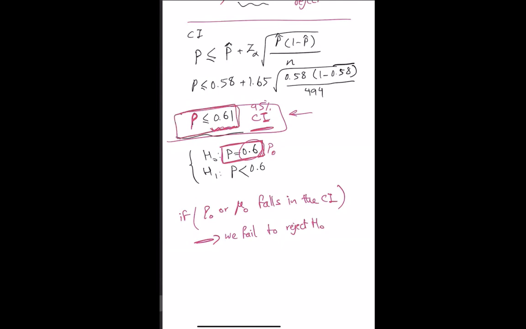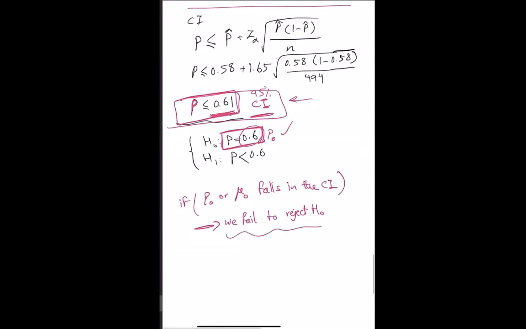Then if you are testing that it's 0.6, and I'm telling you with 95% confidence it's less than 0.61, you don't have any evidence to reject the null hypothesis. That's why we fail to reject the null hypothesis in this scenario.